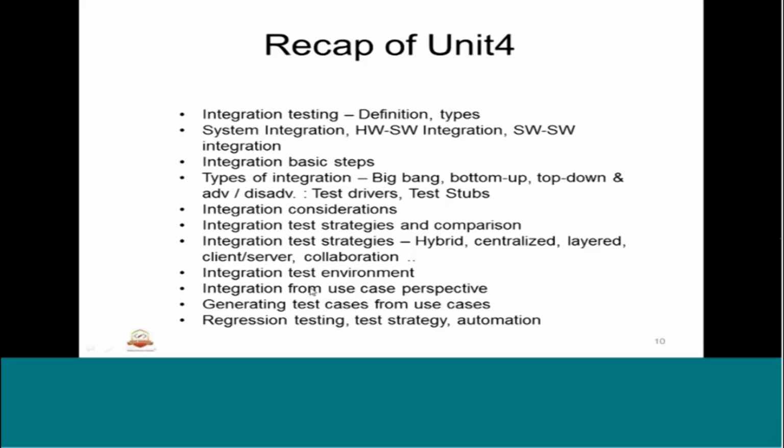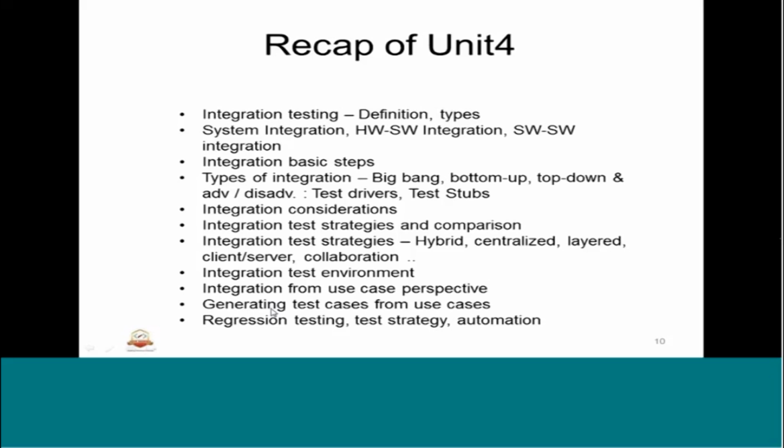And we also understood integration from a use case perspective. We went through a use case diagram example, and understood how test cases can be drawn from the use cases and use case scenarios. We also understood generating test cases from use cases, the various steps involved in developing test cases for different use cases and their scenarios.